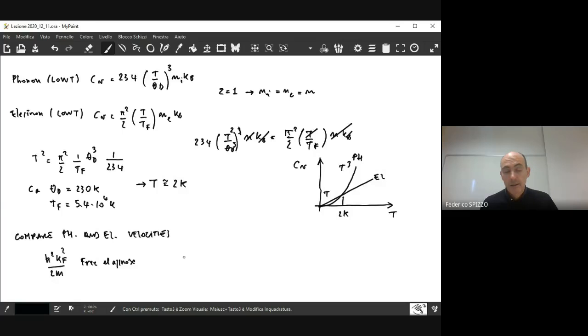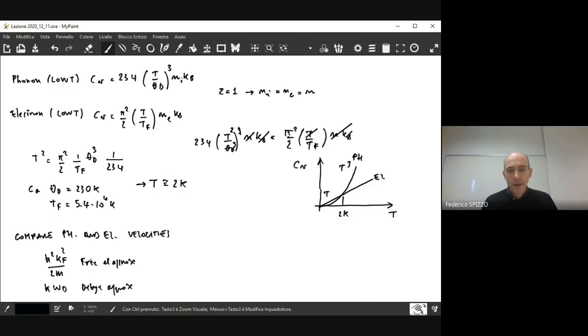On the other side, if we consider the phonon system and we use the Debye approach, we know that the maximum energy for a phonon in the system is h bar omega d. So this is the Debye approximation.